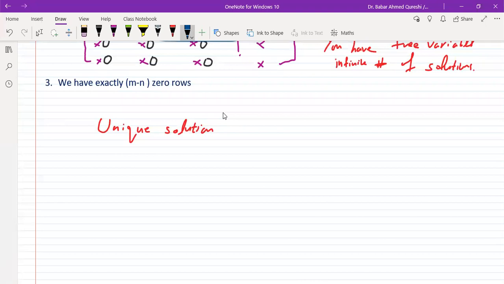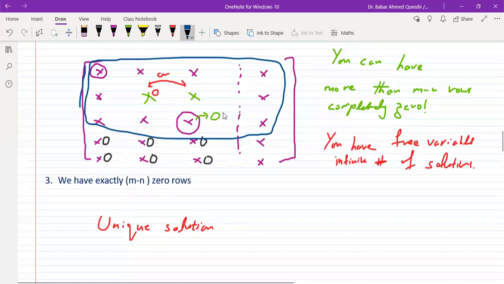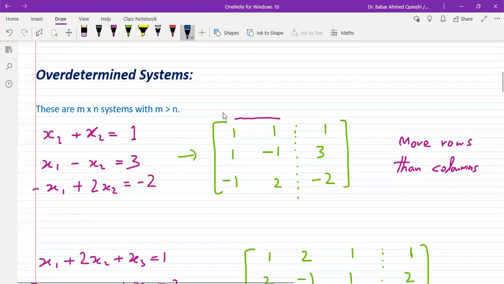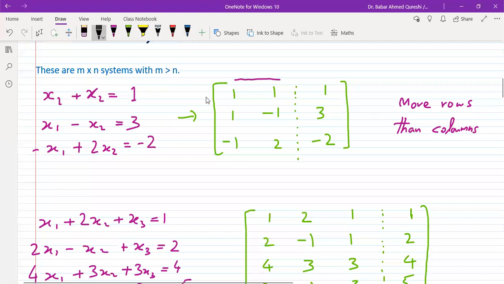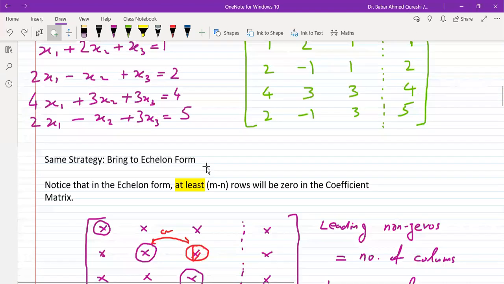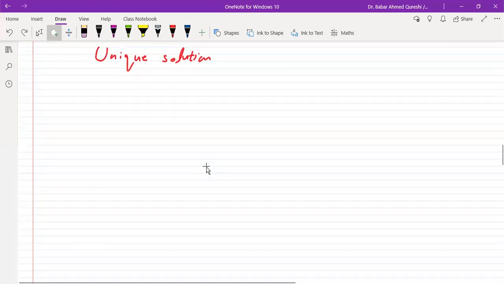So let's look at the example which we discussed over here. So this was our first example.